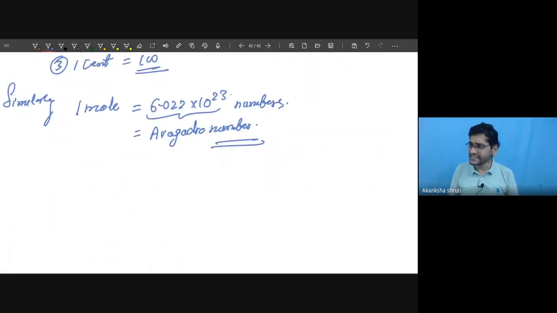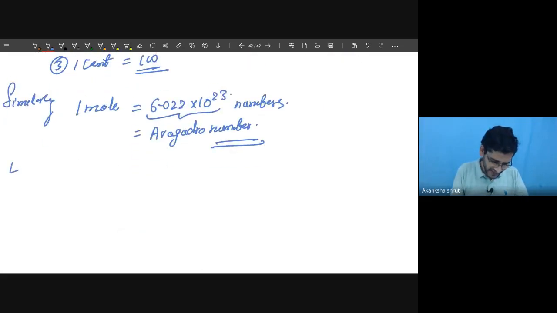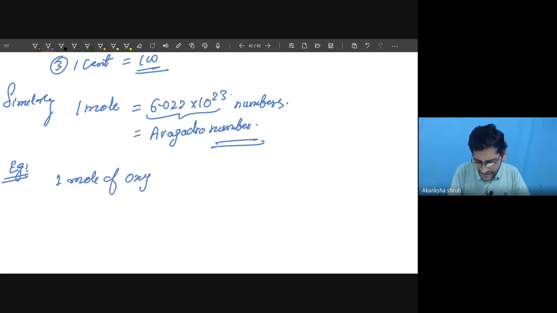So the term mole is always associated with something, and that something will also be present on the right hand side, to give the same kind of thing. Example, say 1 mole of oxygen.